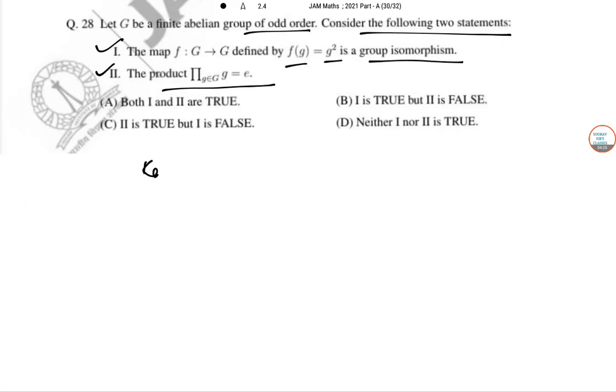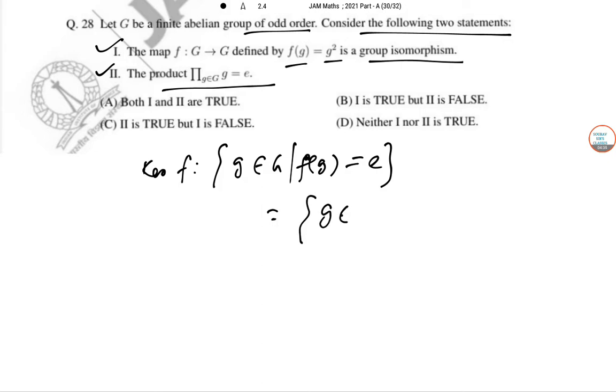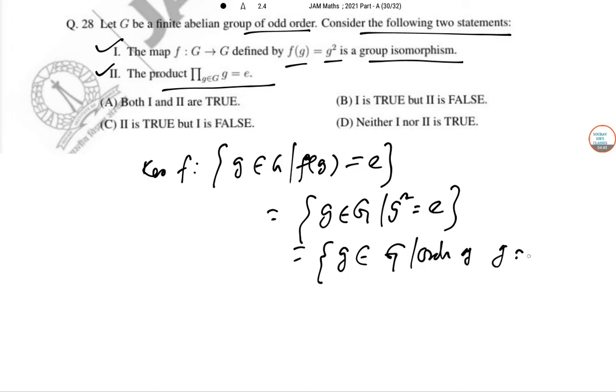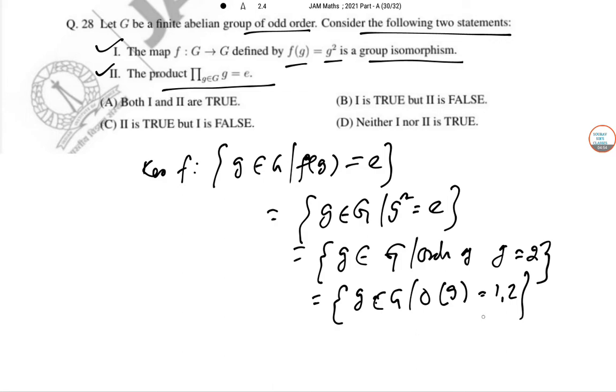Again, with respect to the kernel, g belongs to G with f of g equal to e means g squared equals e, so the order of g is 1 or 2, and that is e. Hence it's an isomorphism. Statement 1 is correct.